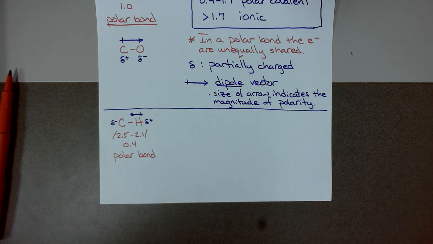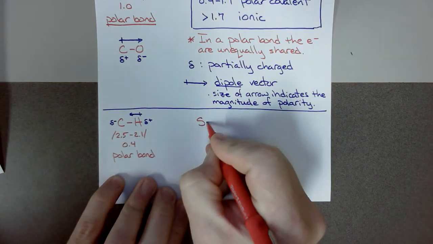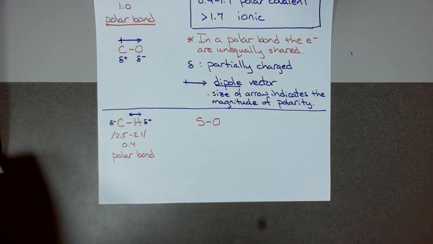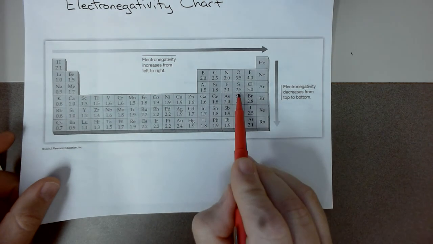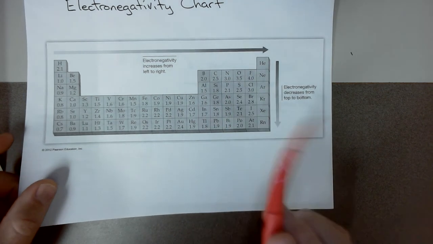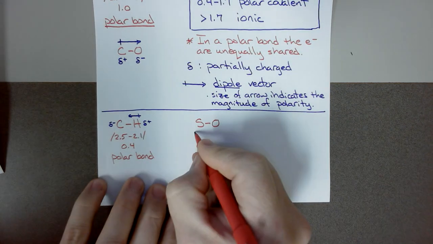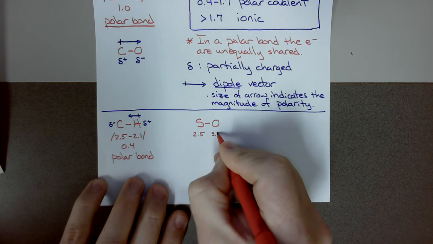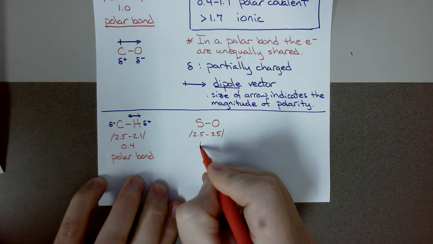Let's look at sulfur and oxygen. If I take a sulfur-oxygen bond, again I look back and sulfur is a 2.5, oxygen is a 3.5. That difference is going to be 1.0.